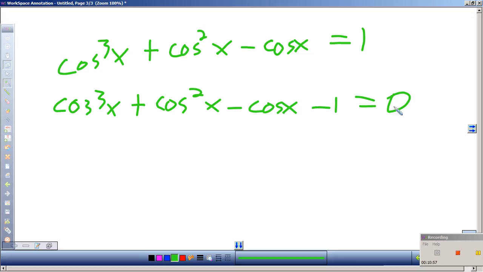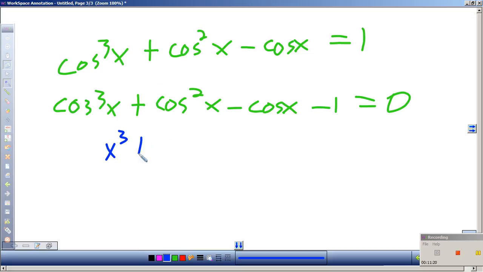What method would work for solving this? Factoring, yes. What's our method for factoring when we have 4 parts? Factor by grouping. Do you remember that from algebra 2 and algebra 1?